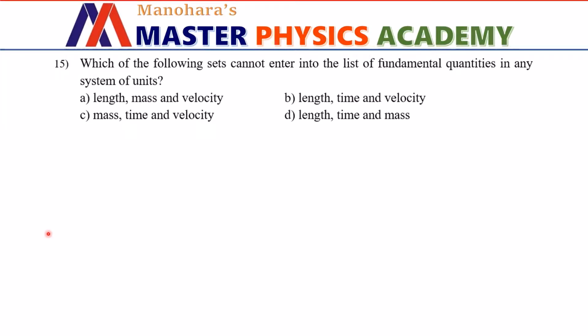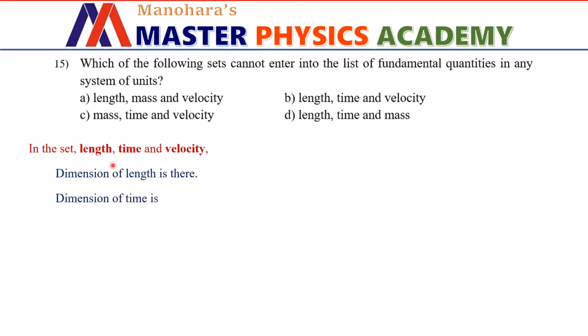Which of the following sets cannot enter into the list of fundamental quantities in any system of units? In the given set, let us take option B, which is length, time and velocity. In this, the dimension of length is there directly, and we have the dimension of time also directly.